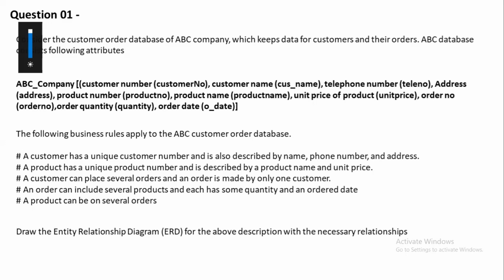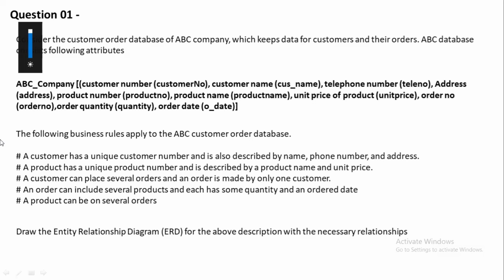Read the scenario and open draw.io, type a new document, and according to the scenario you can draw the ER diagram and export it in PNG format. Read the scenario and identify what the entities are, what attributes are assigned for the entities, and what the relationships are. If you have some question, put a message in the chat box.